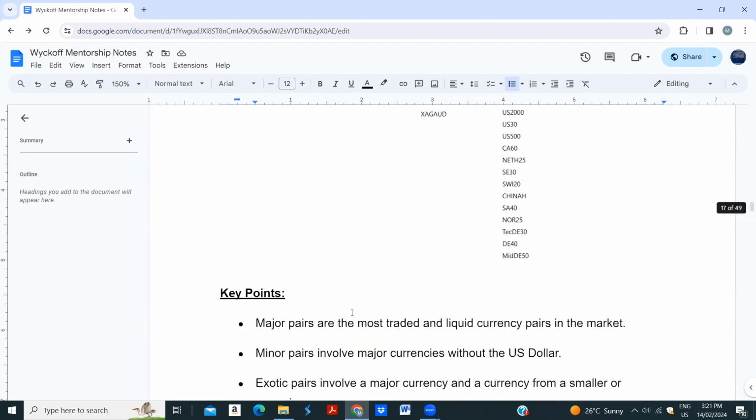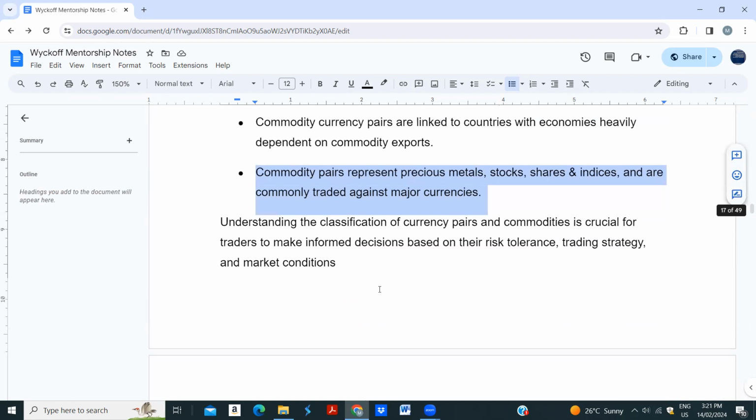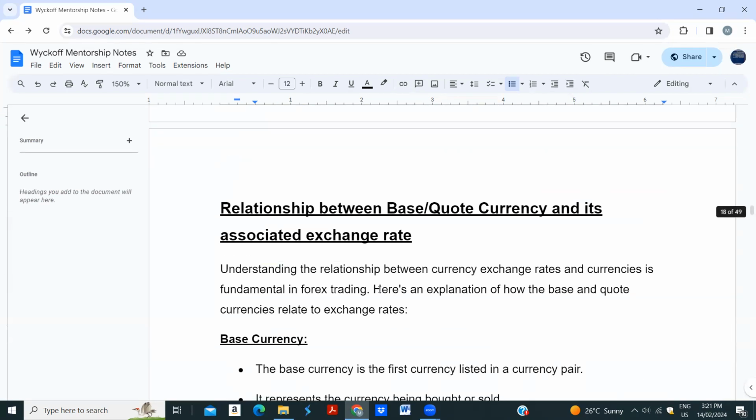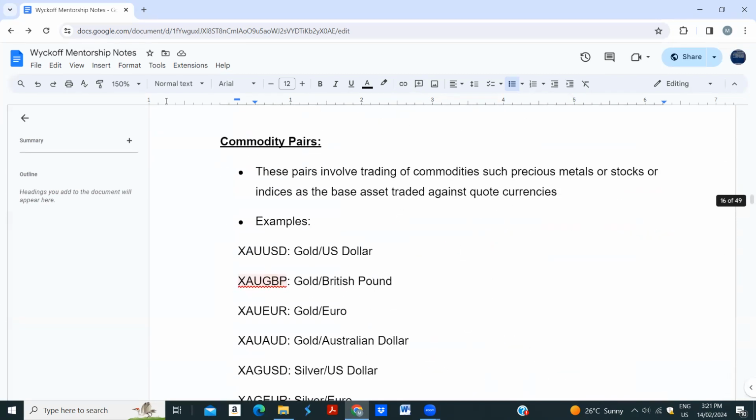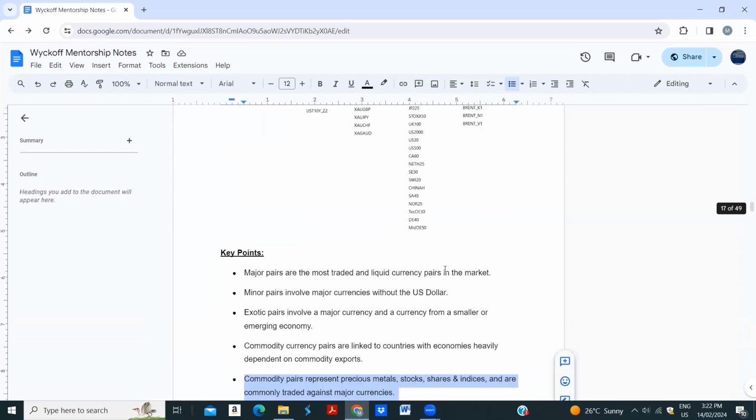We have covered everything. You can review this document, okay, and make sure that you read this very carefully so that you get a clear idea about the major currency pair, minor currency pair, exotic currency pair, commodity currency pair and a commodity pair.